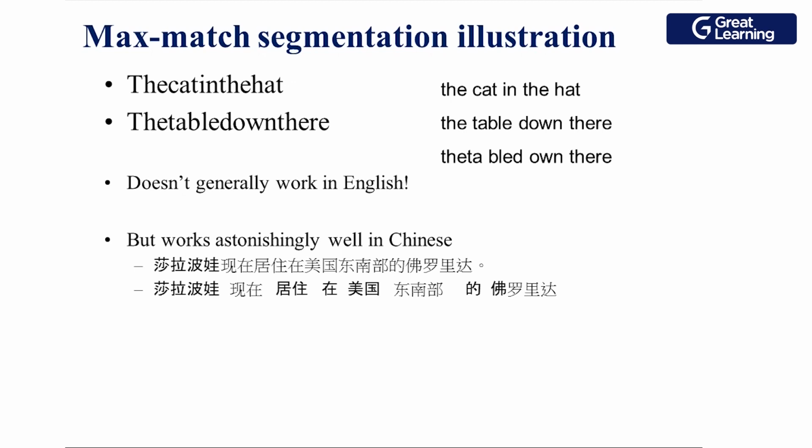It means that one word is not a prefix of another word. Everyone understands prefix, right? For example, "the" is a prefix of "theta". If a word starts with another word, it's called a prefix. In Chinese, it turns out that there are not many prefixes, which makes sure that a simple algorithm like that works reasonably well for tokenizing Chinese sentences.